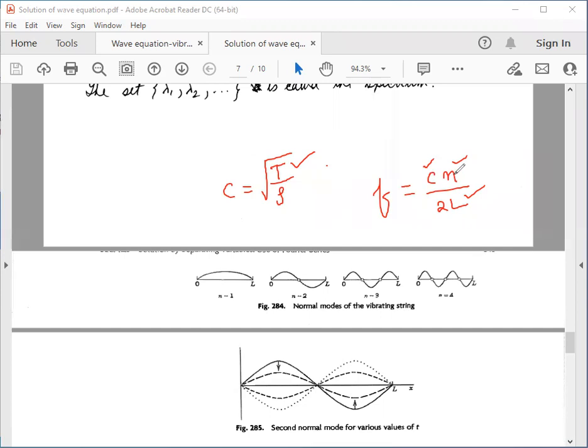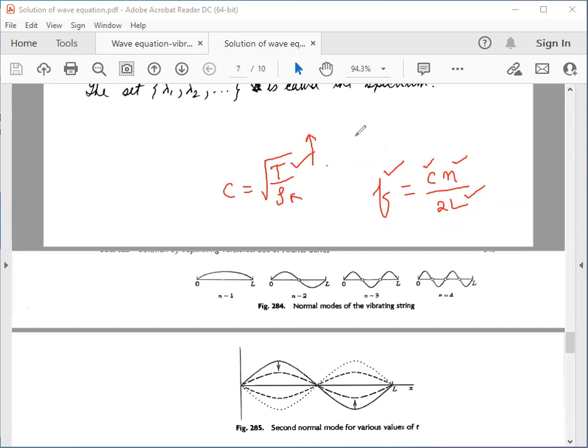That means when n is equal to 1, we get the frequency c by twice L. And if you want the value of f to be high, what will you do? You simply increase the value of T or decrease the mass per unit length. Okay, so this is the reason why a violin is smaller than a double bass. Okay, so this is all about tuning.